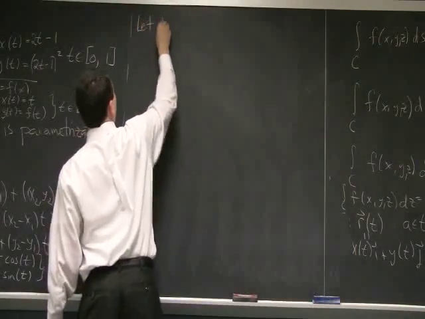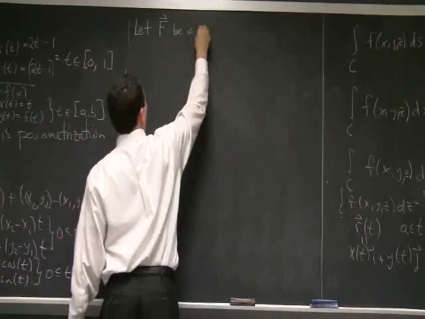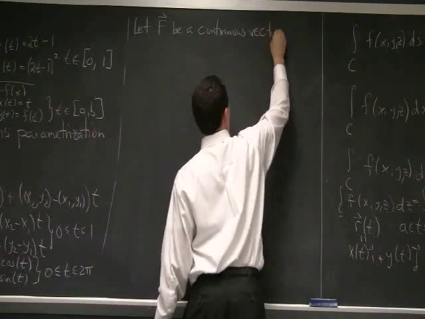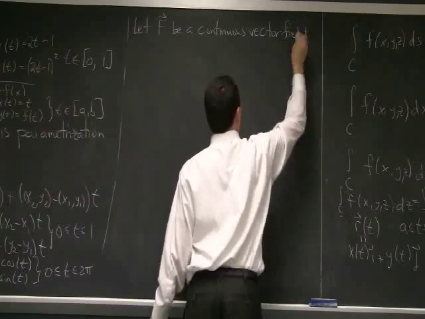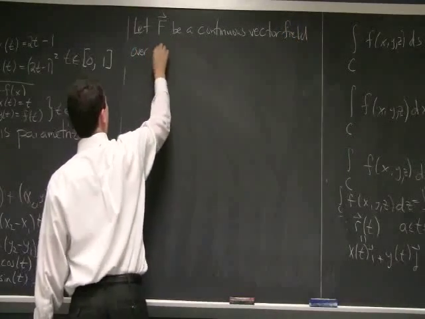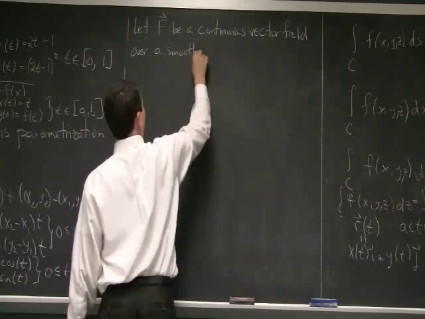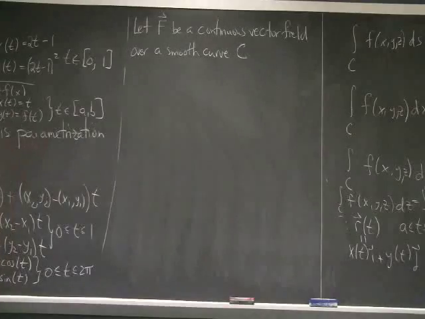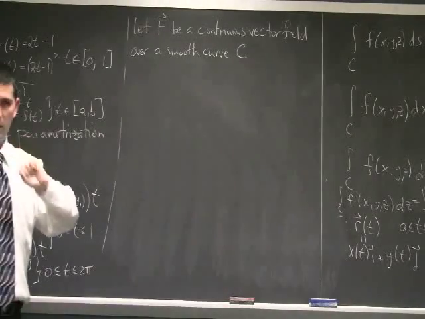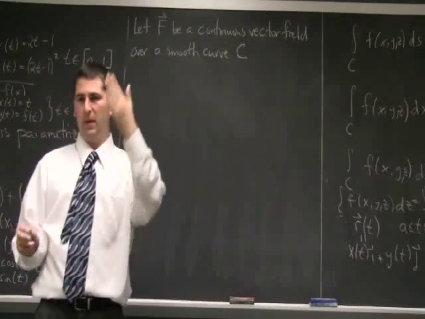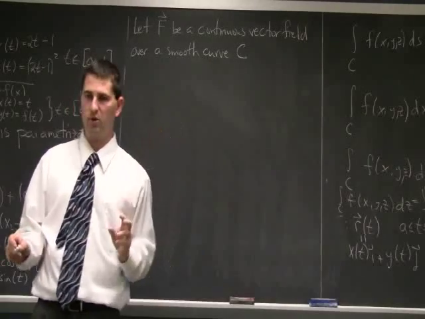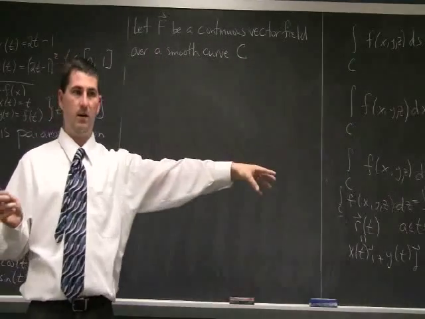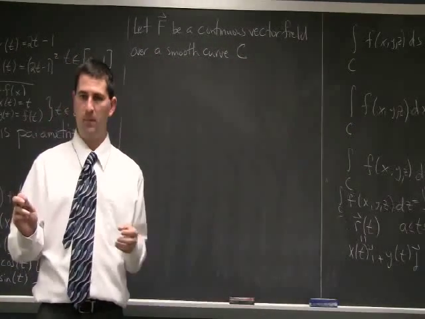Let F be a continuous vector field over a smooth curve C. So let's remember, first, vector field, that means it eats points in space, or it could be in the plane, depends on if you have a two-dimensional or three-dimensional, and it spits out vectors. So it eats points and it spits out vectors. That's a vector field.